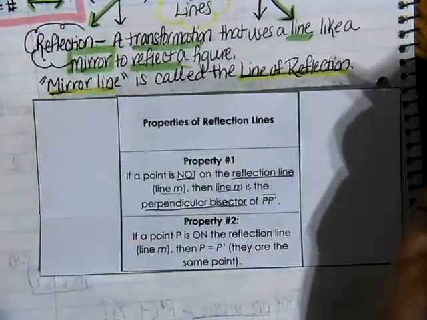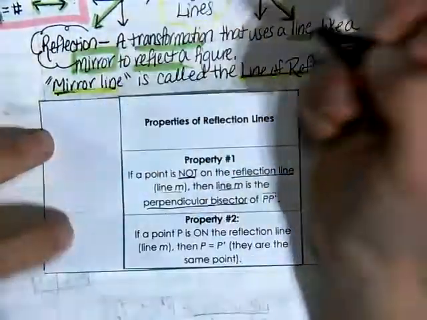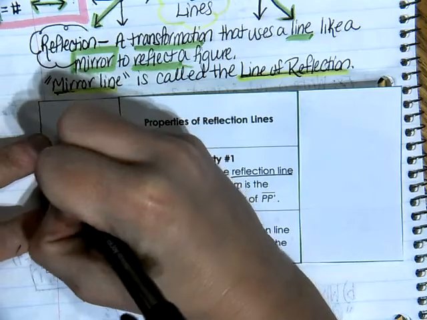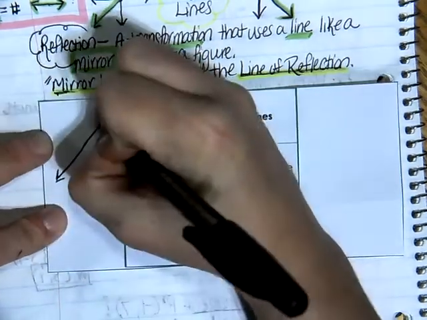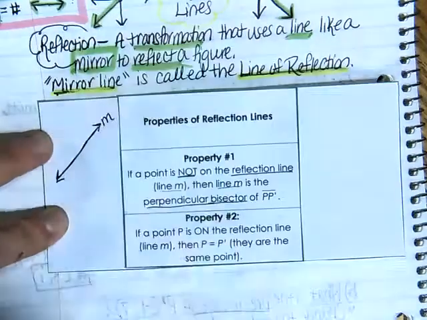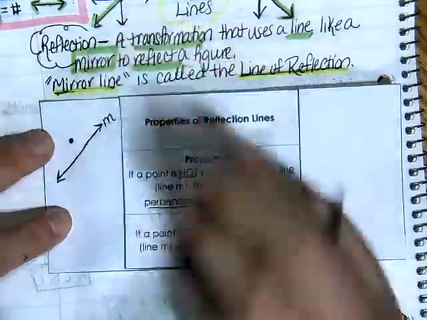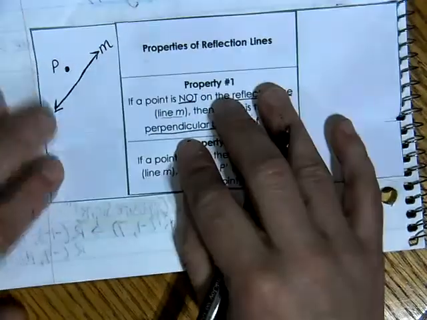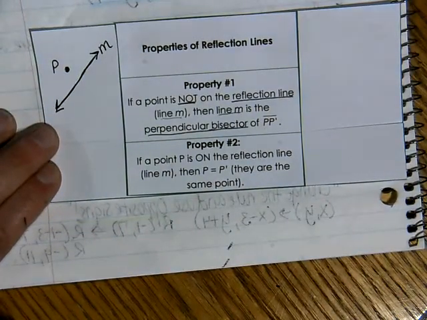So what I would like to do is I want you guys to please go ahead and draw a line. We're going to call this line M. I would like you to please go ahead and put a point P on one side of that line.